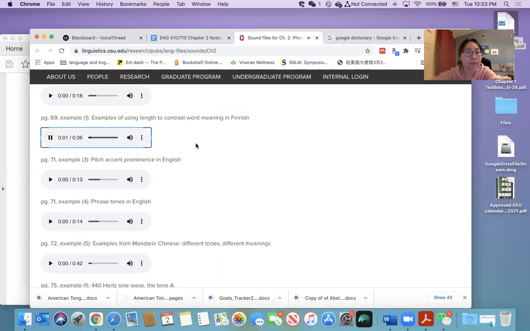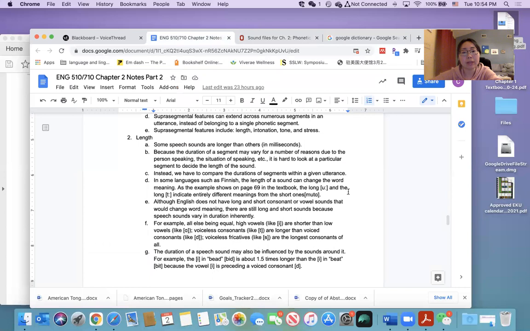Finnish example: A1, muta, mud. A2, muuta, some other. A3, mutta, but. So you can hear that in Finnish, the length of the vowel u changes meaning. You can continue hearing the different examples if you go to our sound files link. So that's length.